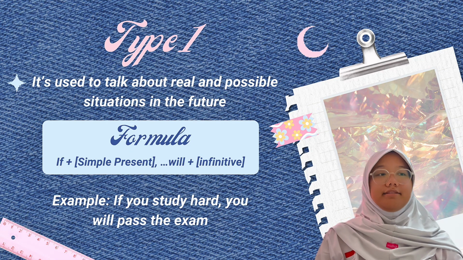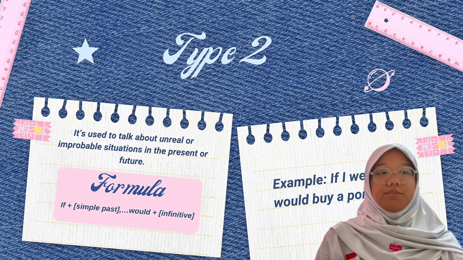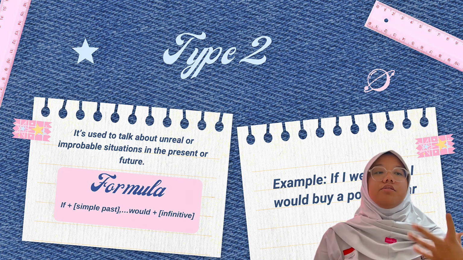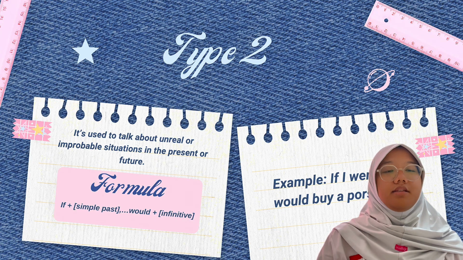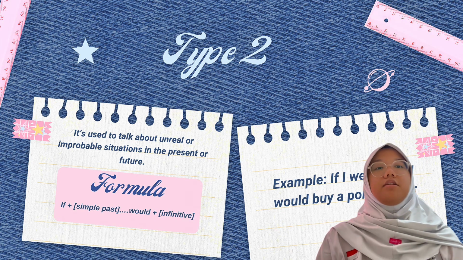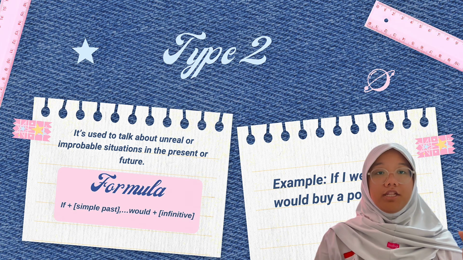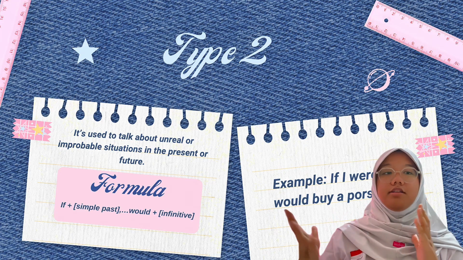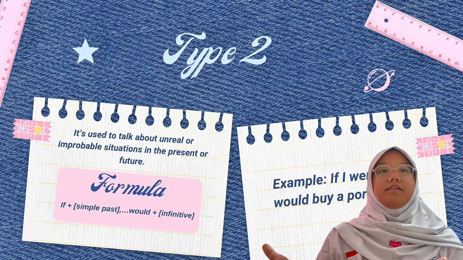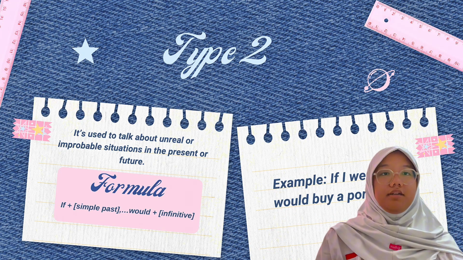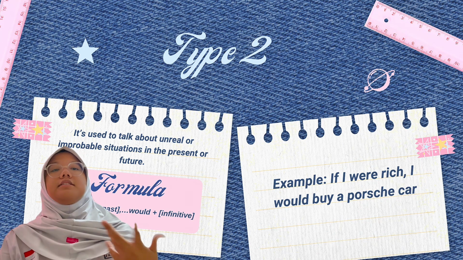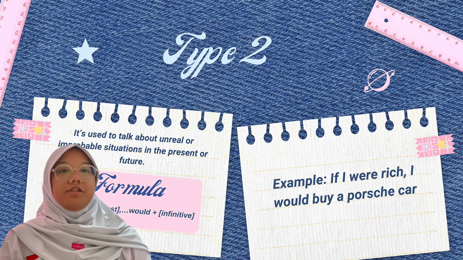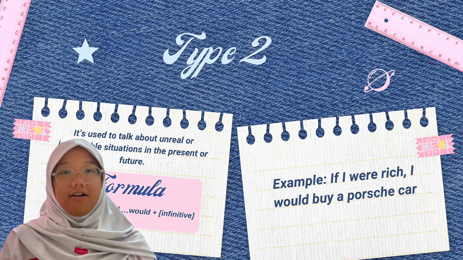Okay, next, there is type 2. It is used to talk about unreal or improbable situations in the present or future. The formula for the condition is if plus simple past, and for the result, we use would plus infinitive. For example, if I were rich, I would buy a Porsche car.